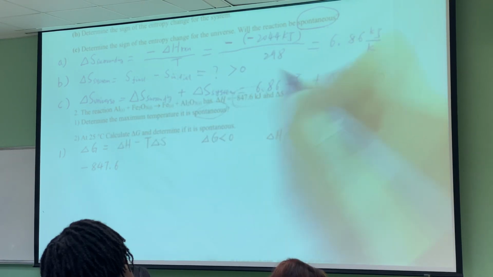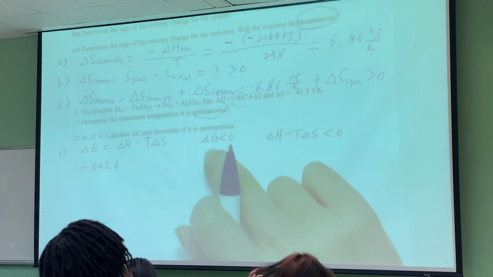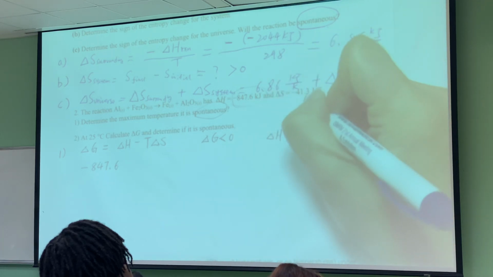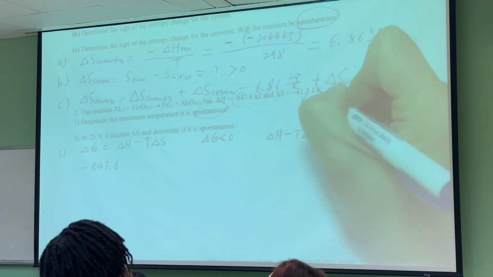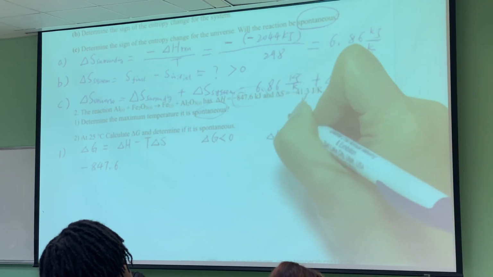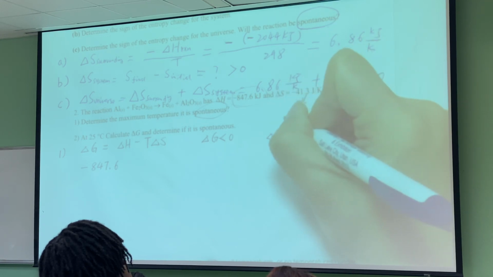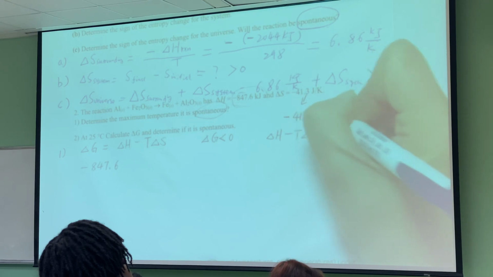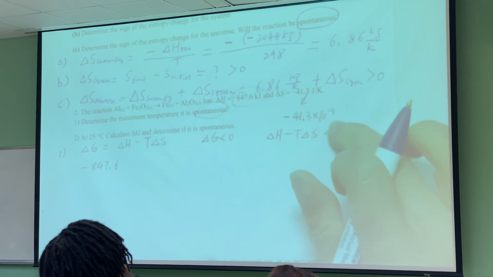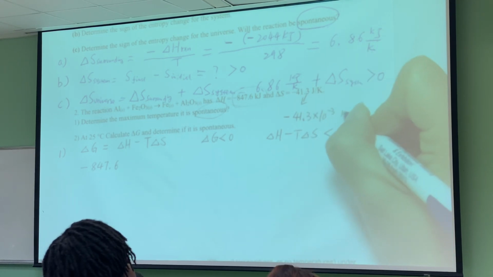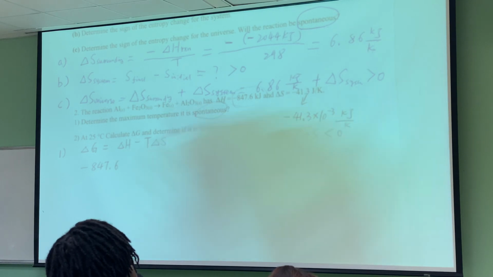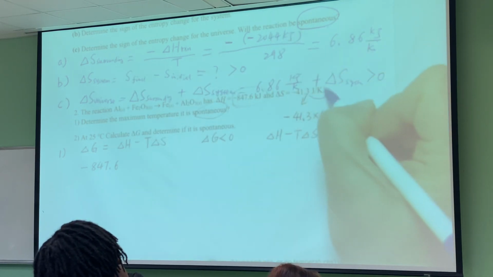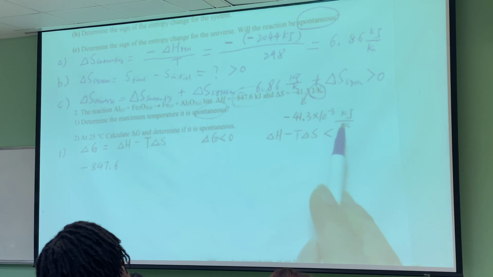Because delta G usually is in kilojoules, I'm going to convert this joule per K to kilojoule per K. So we're going to have 41.3 times 10 to the negative 3, divided by 1,000, right? Kilojoule per K. This comes from the joule per K, and I convert it to kilojoule per K.